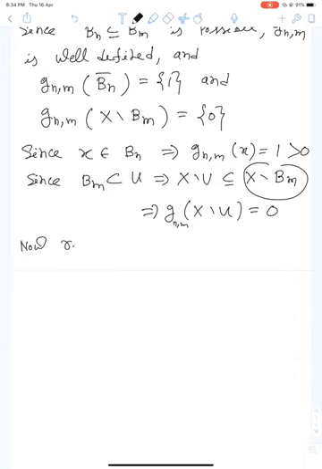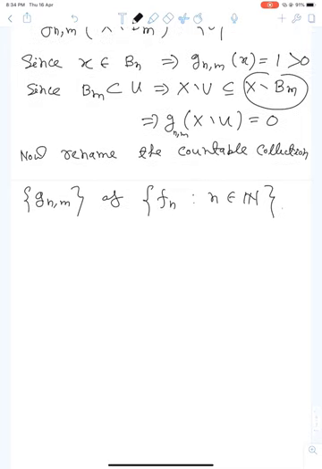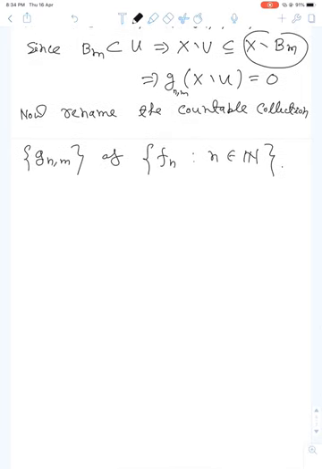Now rename the countable collection G_{n,m} as the collection f_n, where n belongs to the natural numbers. This proves the claim.